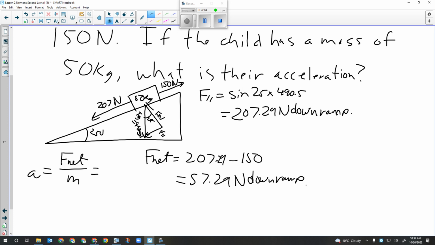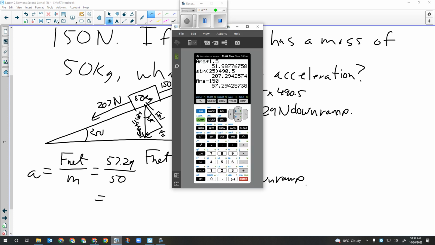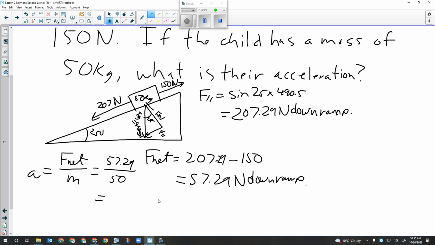So 57.29 divided by 50 kilograms is going to give us 1 point something, 1.1. We have two significant digits only here, so 1.1 meters per second squared down the ramp. Everybody good with that one?